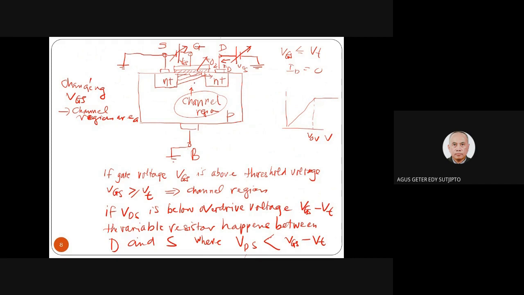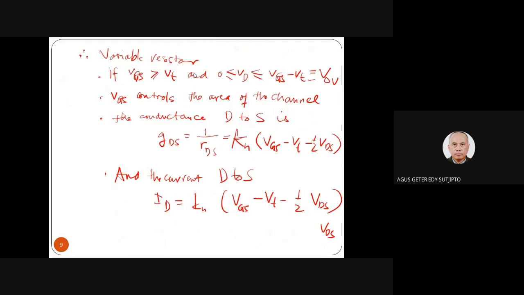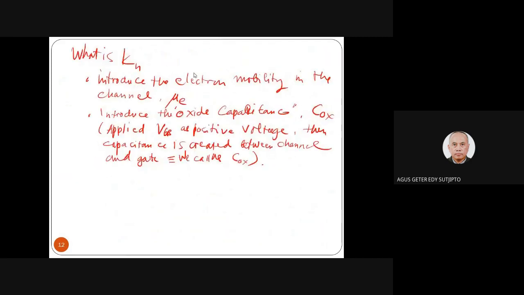The capacitance is a measure of how many electrons can be stored in it. So this is the creation of the Kn: first because of the mobility of electrons, and second because of the creation of the oxide capacitance. And then the third one.